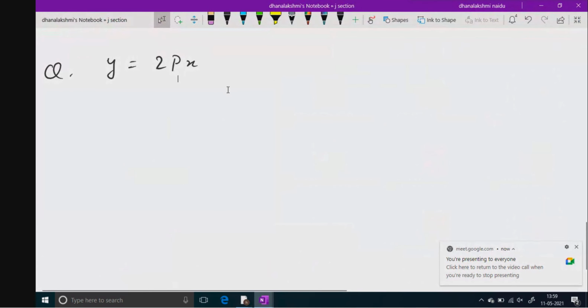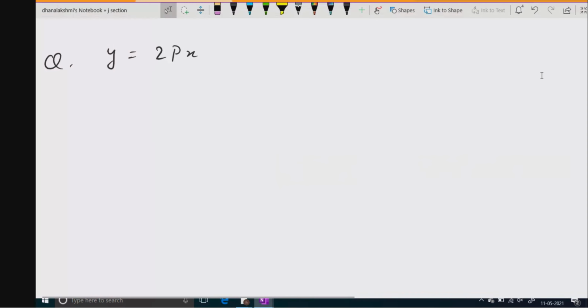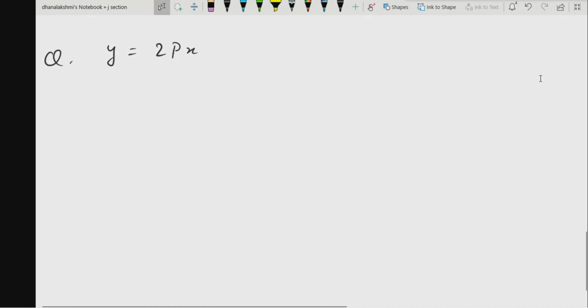Okay, so note down this problem. y is equal to 2px plus p to the power n. Let us solve this one. Again, as you can see, it is solvable for y.